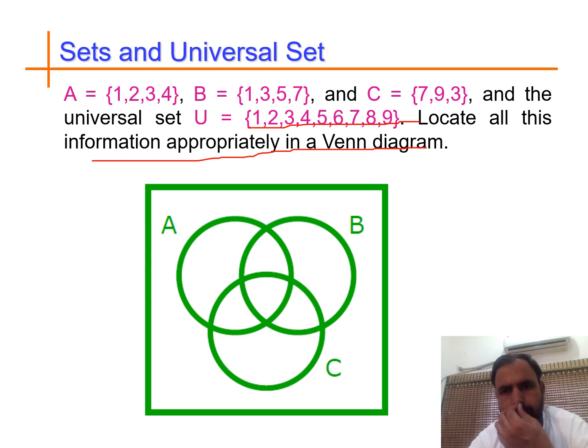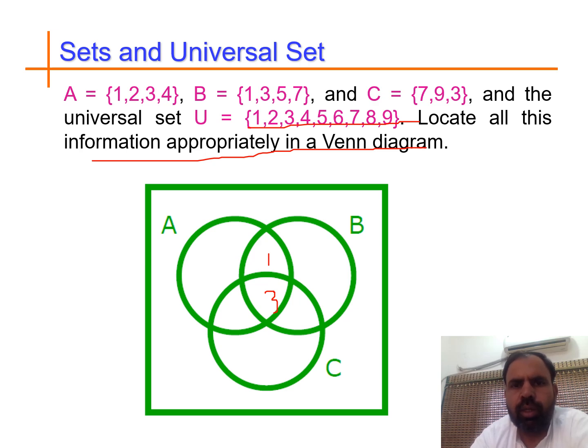We can locate it in a Venn diagram. This is the solution. U is the whole set which contains all the elements of A, B and C. This is A, which contains some part of B and C. You can see that 1 and 3 from A are also in B. And C contains 7, 9, 3.